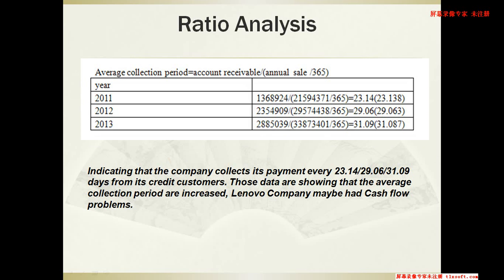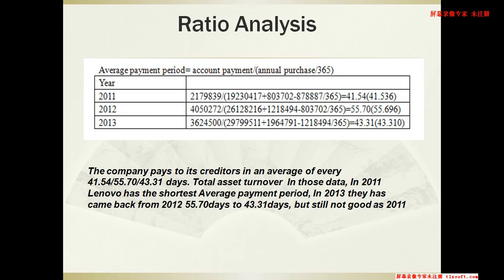Now we are going to the average collection period. This data shows that the average collection period increased. The Lenovo company maybe had cash flow problems. Now we are going to the average payment period.